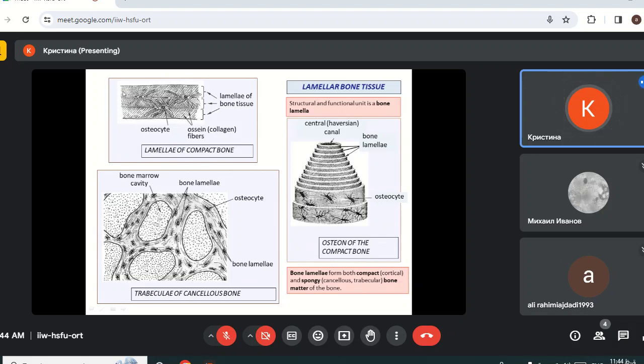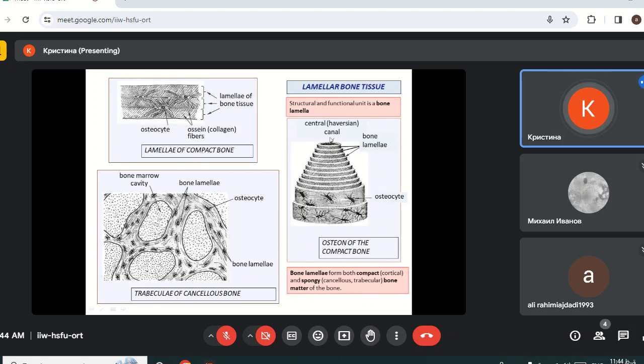So, in the bone as an organ, we have the compact or cortical and spongy or cancellous or trabecular bone matter. Both compact and spongy bone matter are made up of lamellae. Here we can see the lamellae of the compact bone. The part of the compact bone is the osteon, and in the osteon the lamellae are concentrically located.